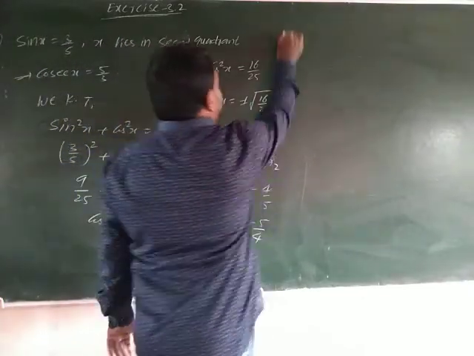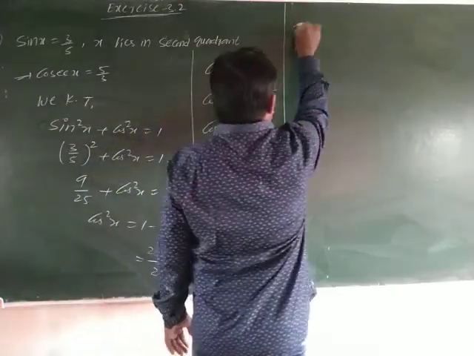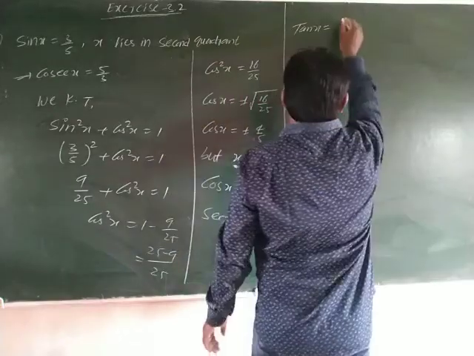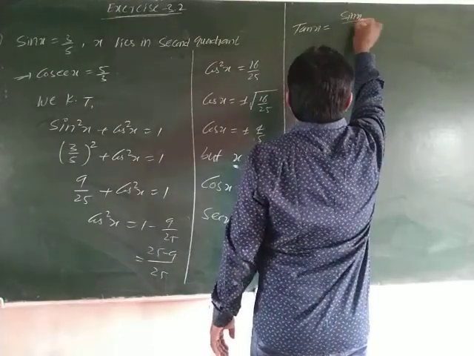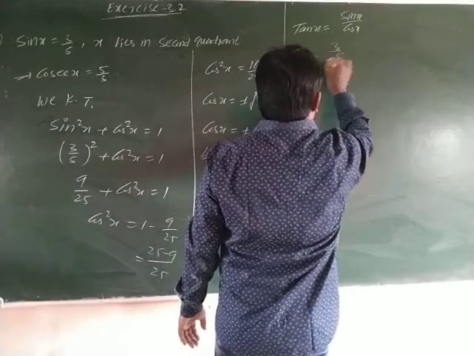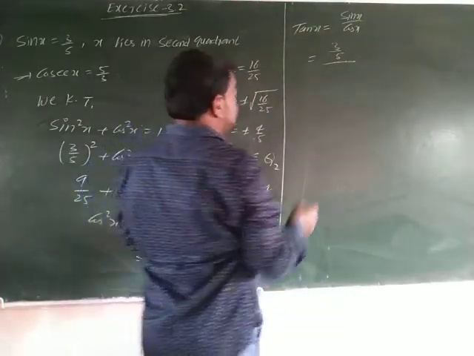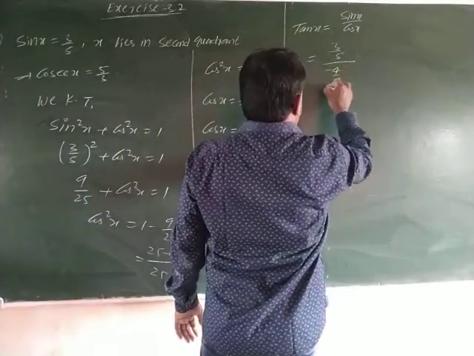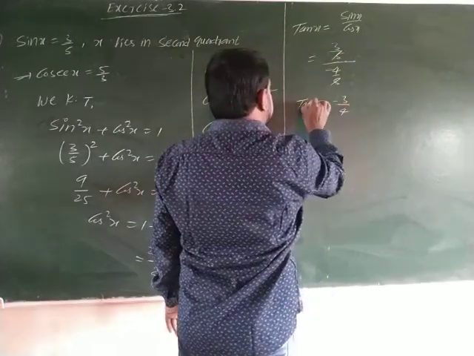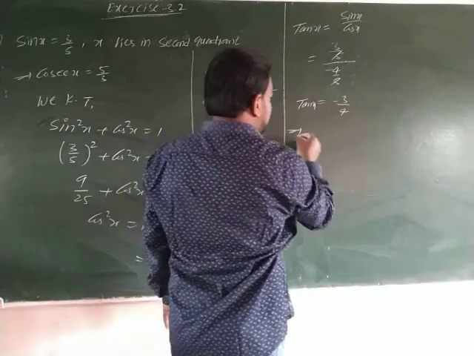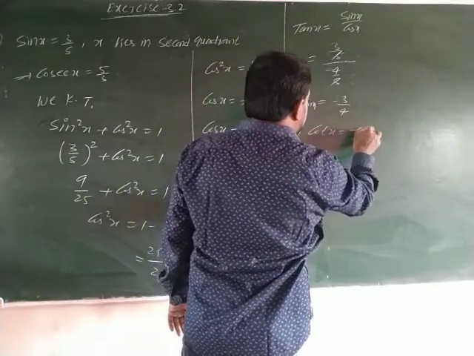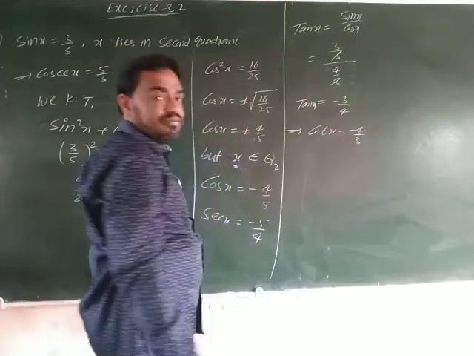Then you find tan and cot. Tan x is equal to, what is tan x? Sin x by cos x. What is sin x? 3 by 5. Cos x is minus 4 by 5. So 5 by 5 cancels. This is minus 3 by 4, the tan x value. Then cot x is equal to minus 4 by 3.